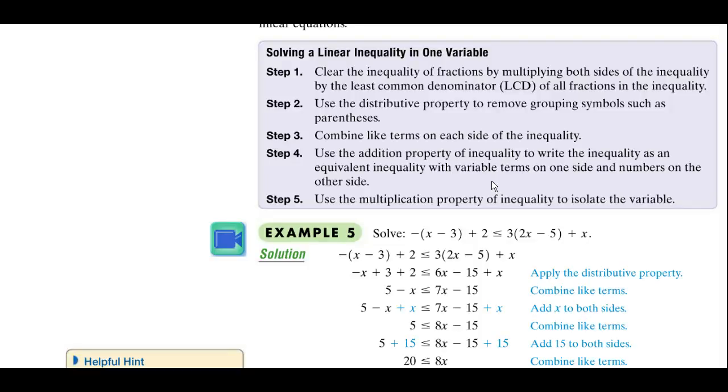Now here's where you really want to try to keep them positive, because if you're going to divide by a positive, then you don't have to worry about changing the direction of the inequality sign. But if you're dividing by a negative or multiplying by a negative, you must change the direction of the sign to keep your inequality true. And of course you can check it.